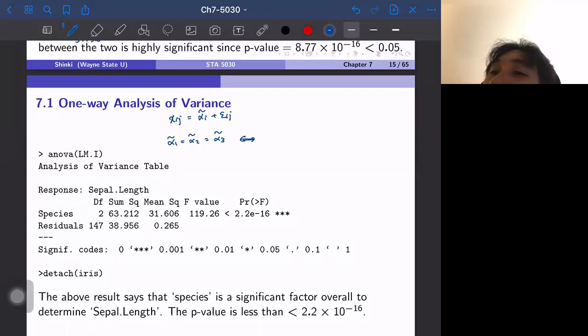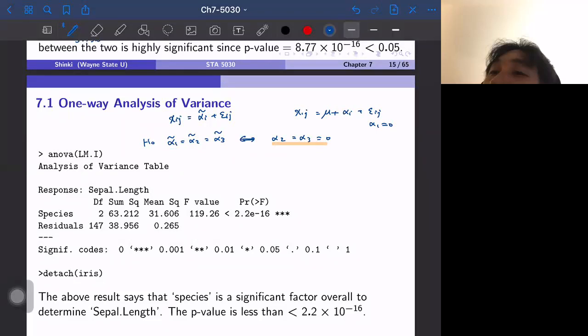Then our null hypothesis is this. But now we have the representation of mu plus alpha_i plus epsilon_ij with alpha_1 equal to 0. So that means alpha_2 is equal to alpha_3 is equal to 0. So this is the null hypothesis we want to test.